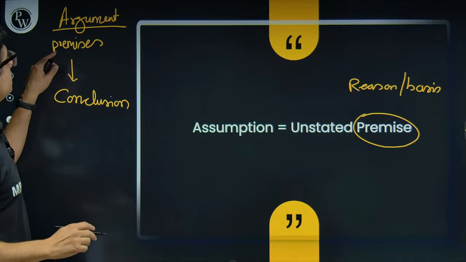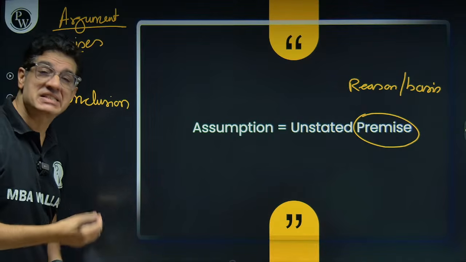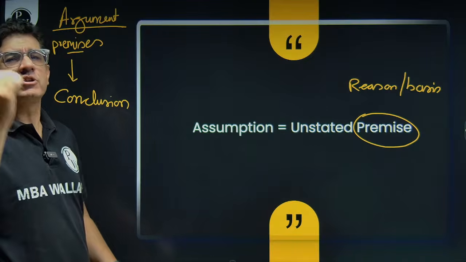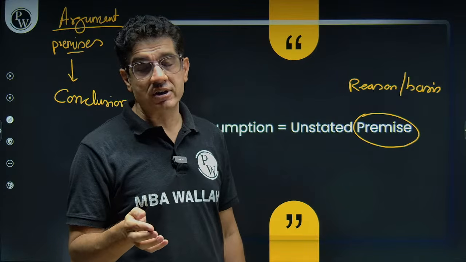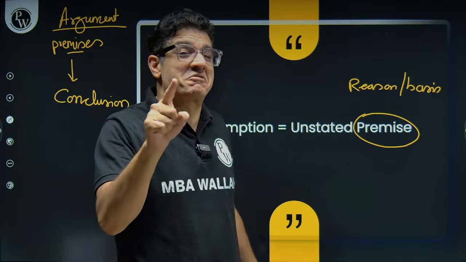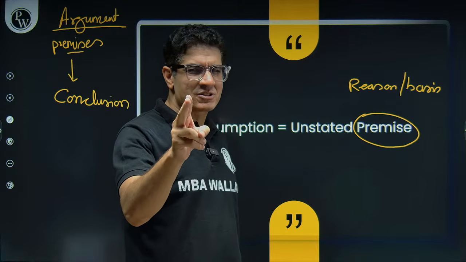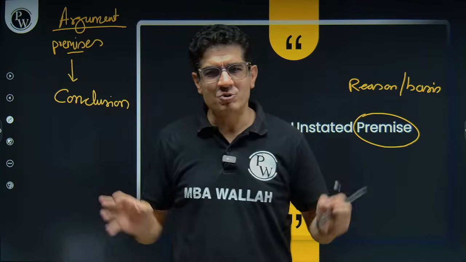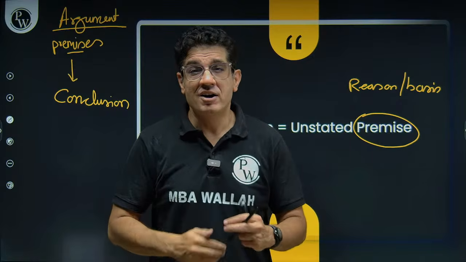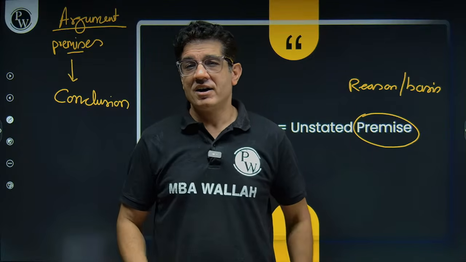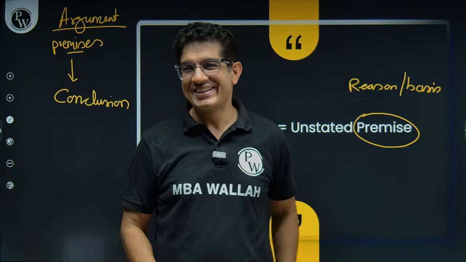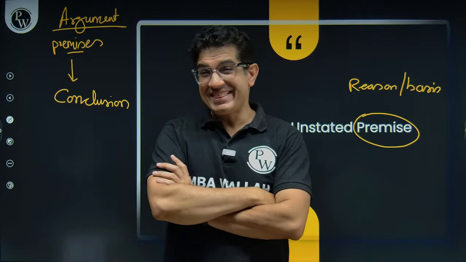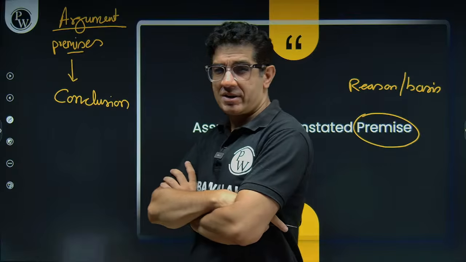Now, there are times when we leave some of our premises unstated. So there are times when the author uses a premise, uses a reason in order to arrive at a conclusion, but then leaves it unstated. For instance, some 9 months from now, you are going to be in a room, sitting on a chair. Across the table will be somebody from the IIMs interviewing you. And then they ask you, why do you want to do an MBA?